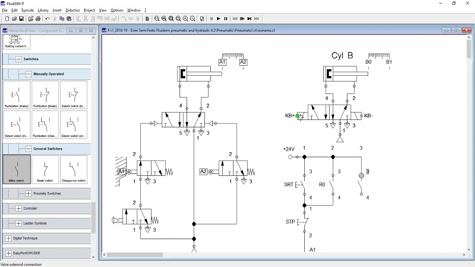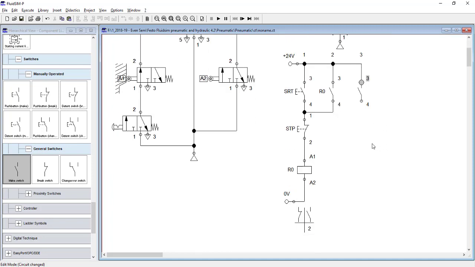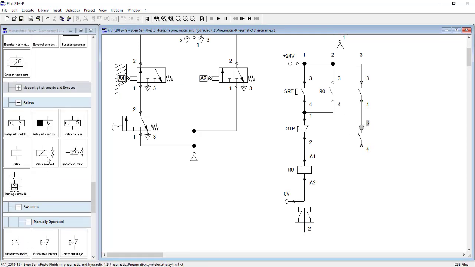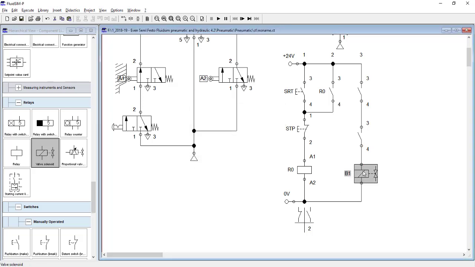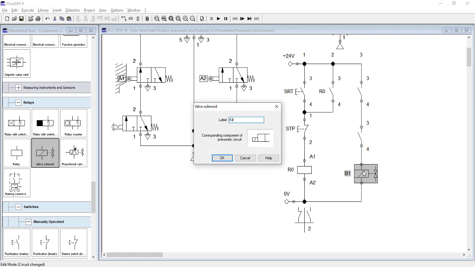So when B plus is active, when should B plus be active? When B0 is sensed. So when B0 is sensed, I have to activate KB plus.